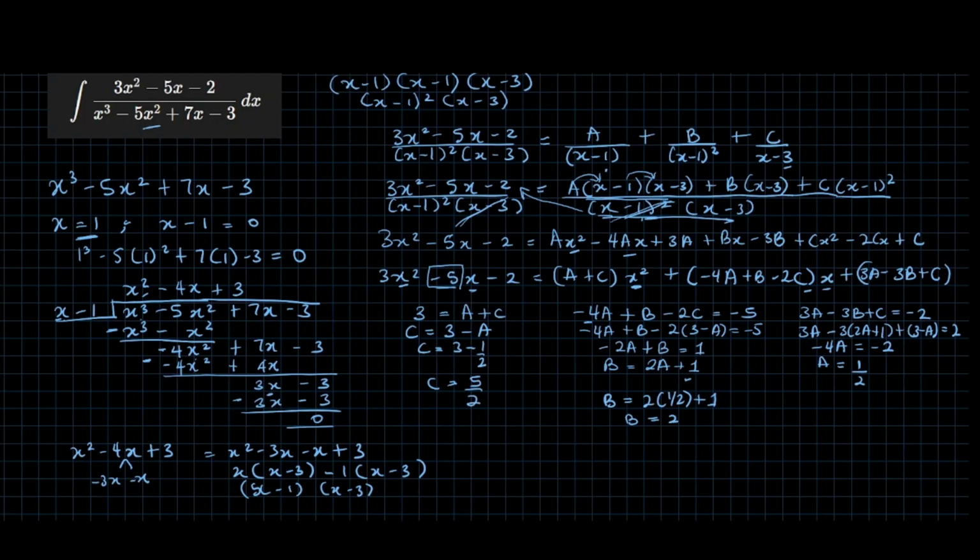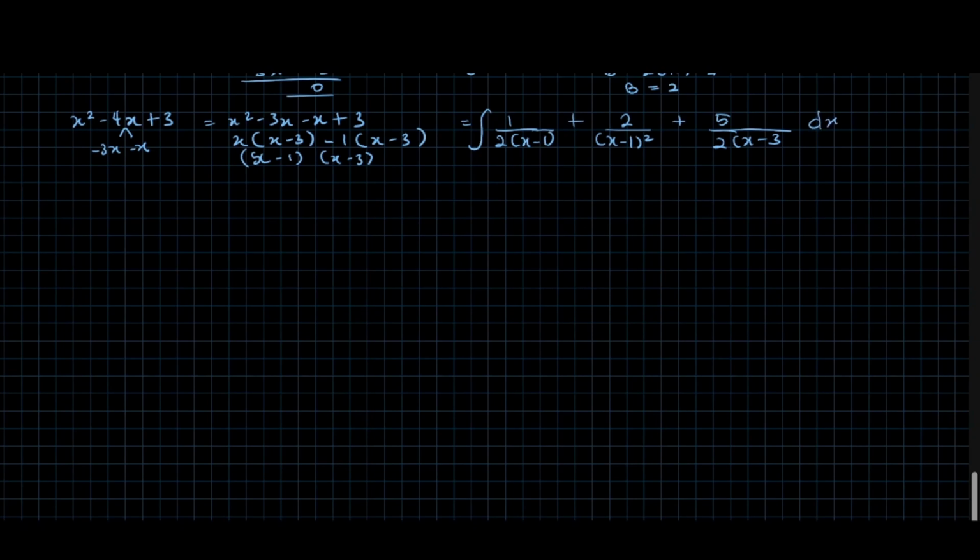So now the equation we have is half, or we can just simply write it as half over x minus 1, plus 2 over x minus 1 squared, plus 5 over 2 over x minus 3. And we can simply now just integrate this with respect to dx.